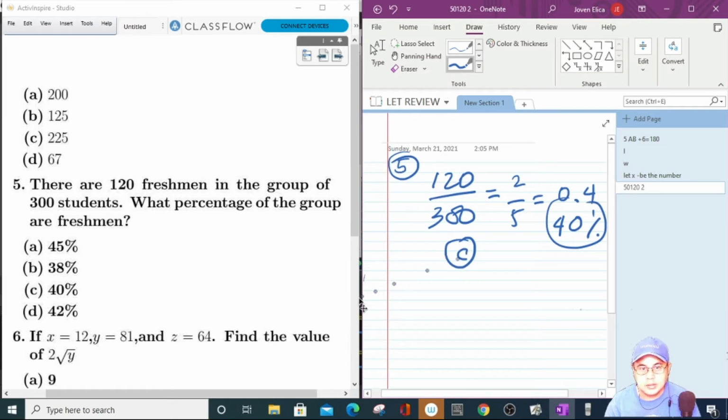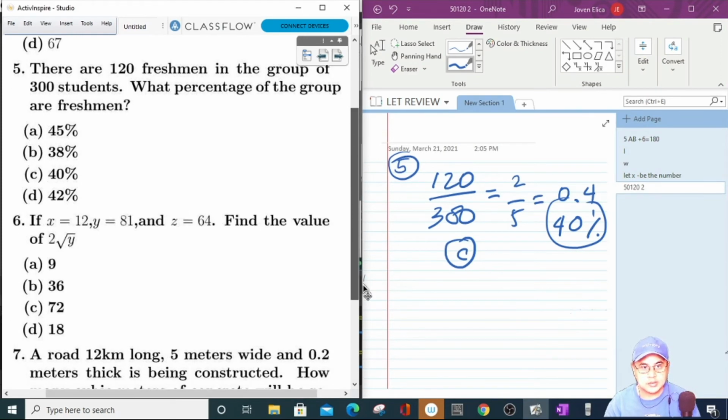So the answer is letter C. This is also a tricky question. Number 6.